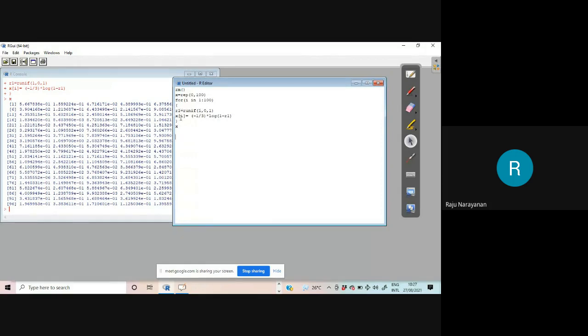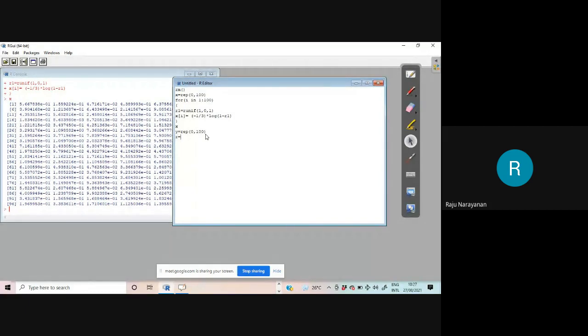That is what I told you, R is an ocean. You can generate something in different ways. Let me take y is equal to rep(0, 100).